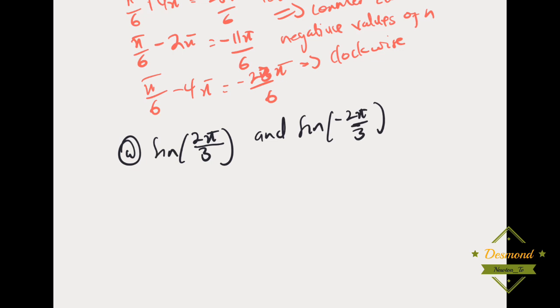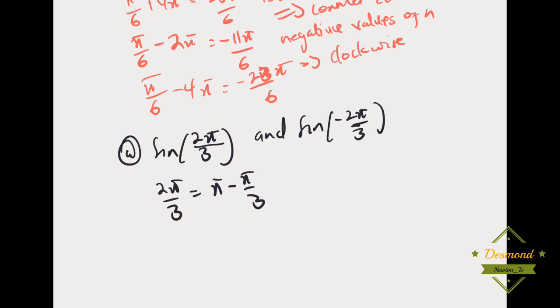That is not on our unit circle above. However, we can note that 2π/3 is equal to π minus π/3. So 2π/3 is found by rotating up π/3 from the negative x-axis.